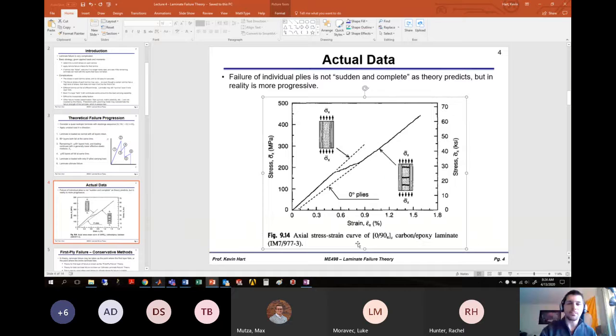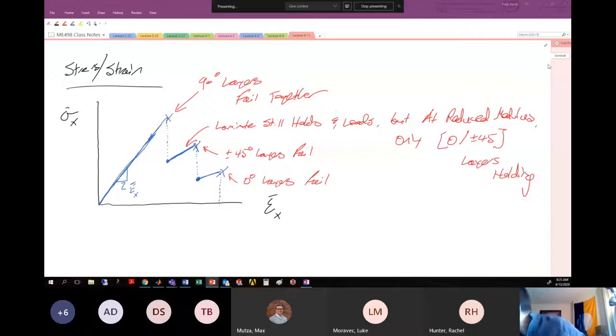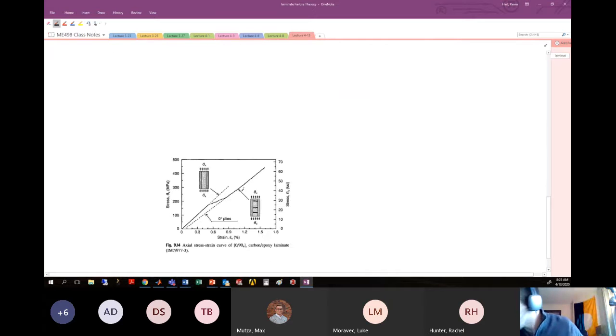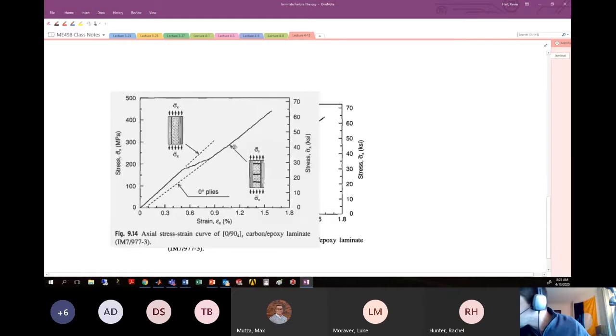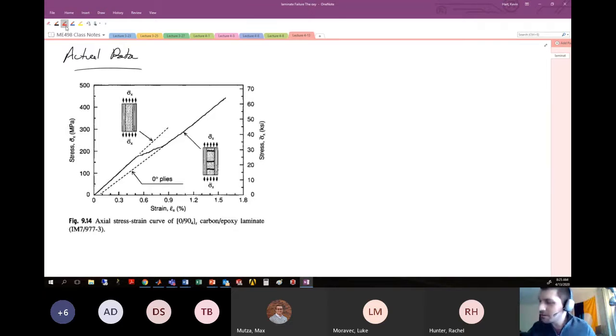So let me copy this over to the white pad and I'll talk about it there. This way I can draw on it. Nifty, huh? All right, so here's your actual data.